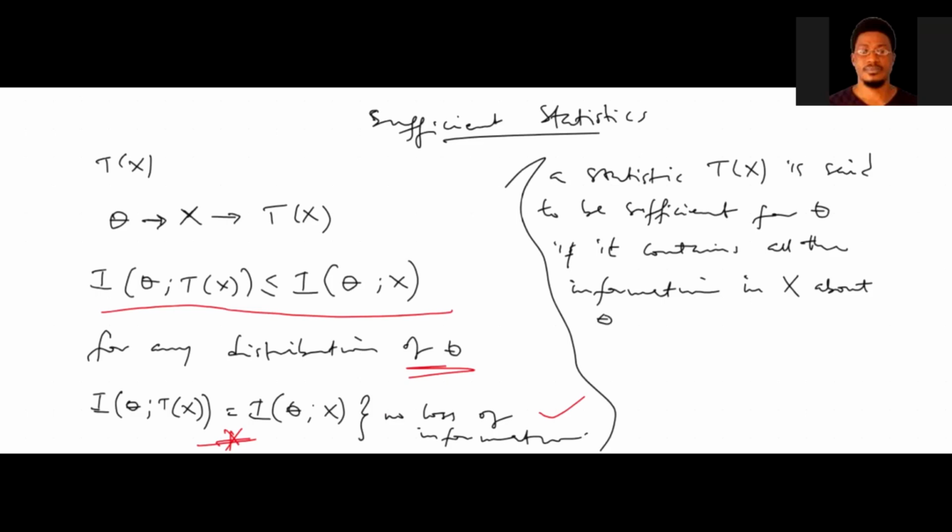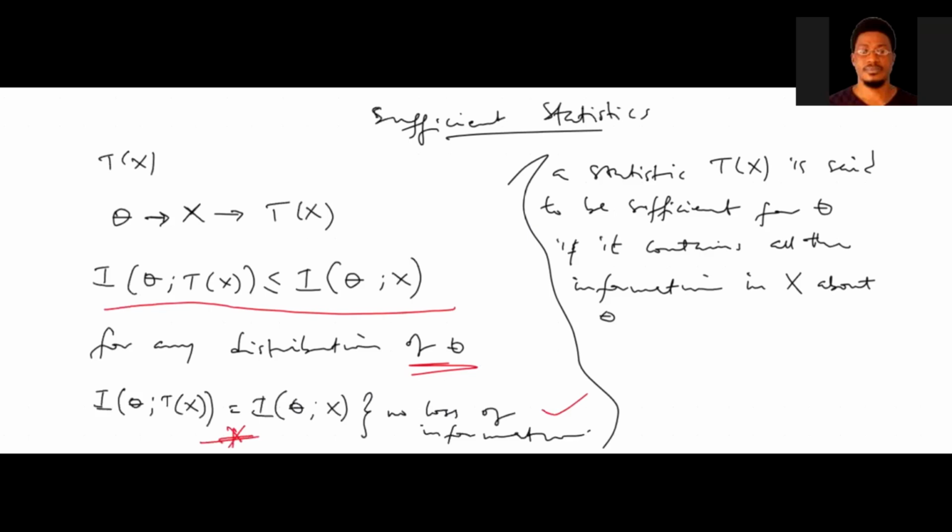Now, if equality should hold in this instance, it means that no information is lost, right? So it means that that transition phase does not contain noise. Is that clear?